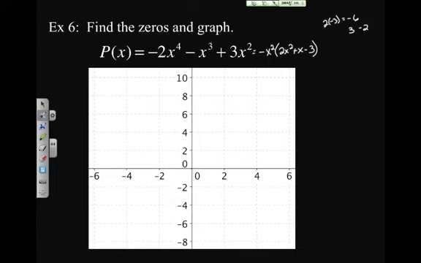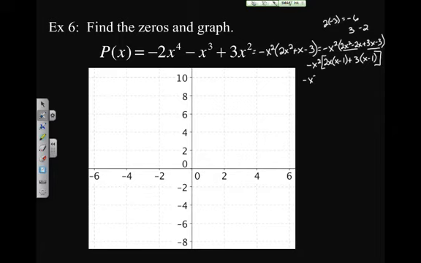So when we factor this, we've got negative x squared times, and then we've got 2x squared minus 2x plus 3x minus 3. And notice we can factor each of those by grouping. So negative x squared, we factor out a 2x, and we have x minus 1 left over. We factor out a 3, and we have x minus 1 left over.